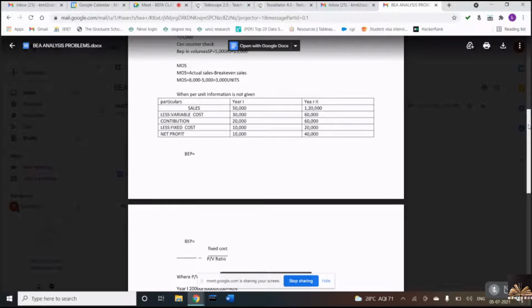For that, selling price is 400. And what is the variable cost? 150. And what is the fixed cost? 25 lakhs. Now calculate break-even point in volume first. All of you apply the formula and calculate break-even point in volume.